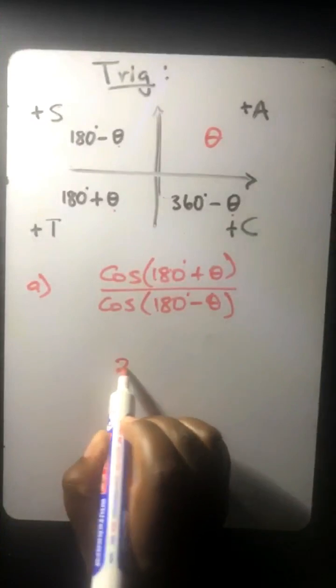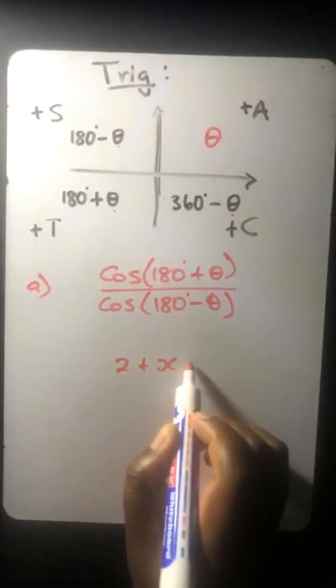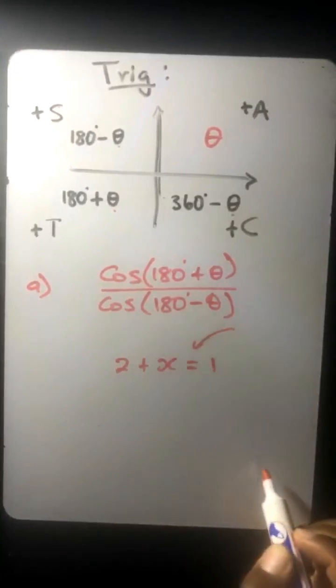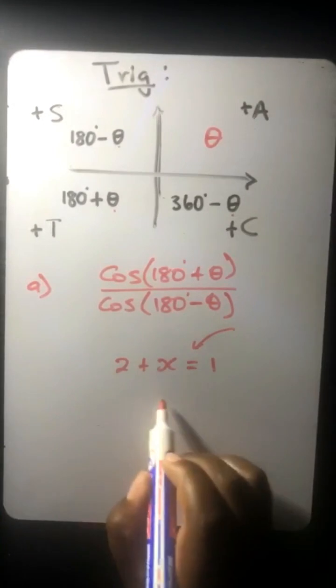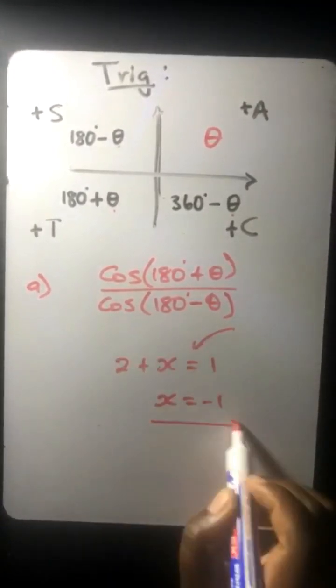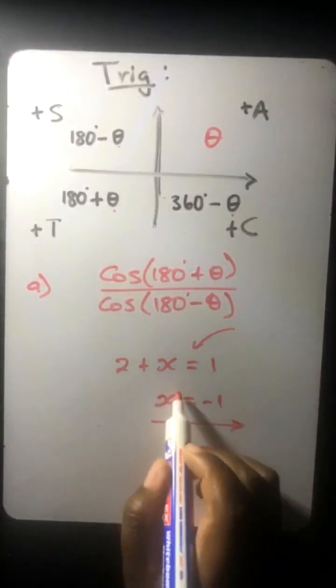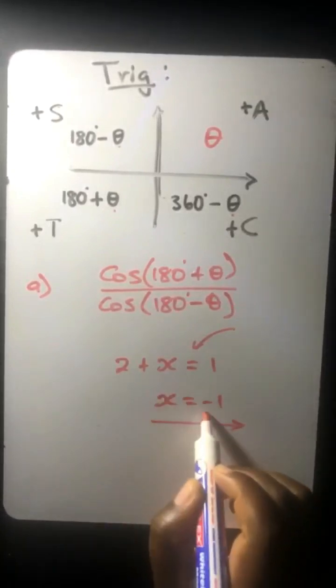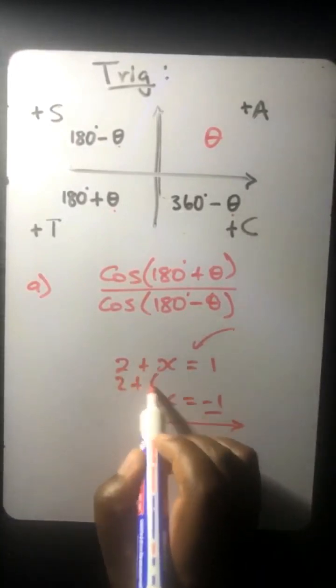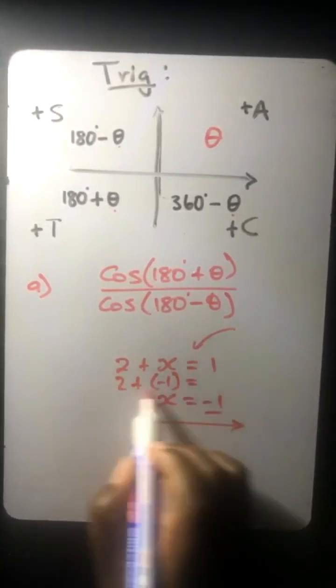If you are given 2 plus x is equal to 1, because you see an equal sign, it means you must solve. What are you solving? You solve for x. So that is where you're going to say x is equal to, transpose, it ends up being negative. So that means x is actually the same as -1. That is why when you say 2 plus and you take that -1 there and you punch this, it's going to give you 1.